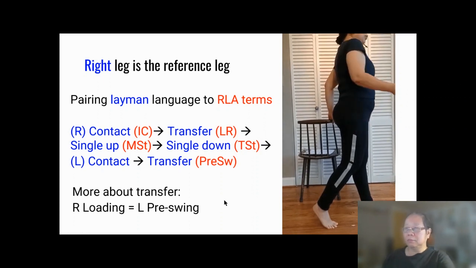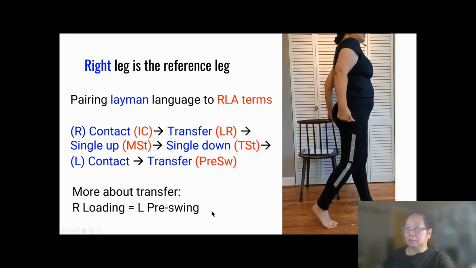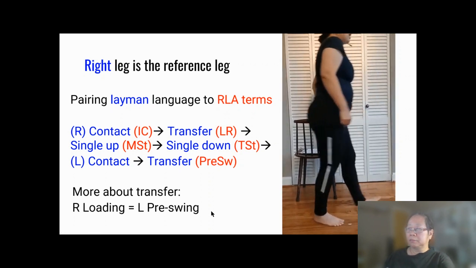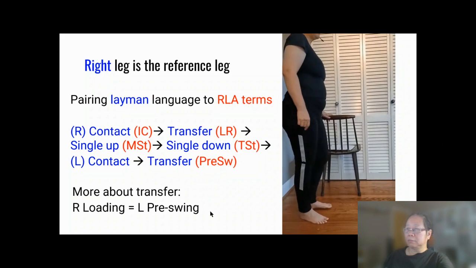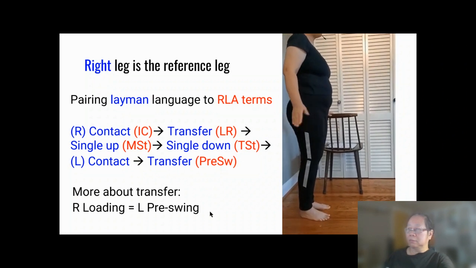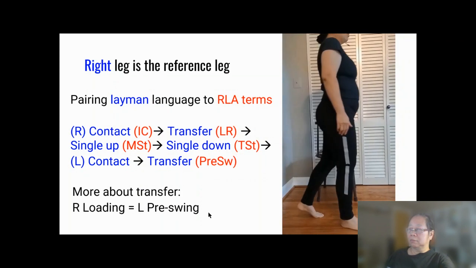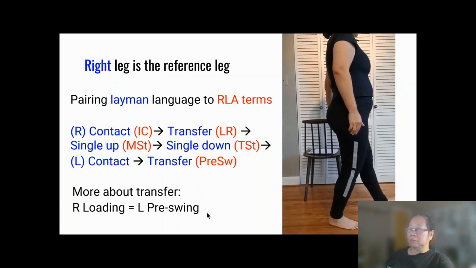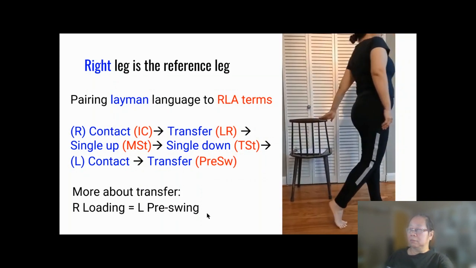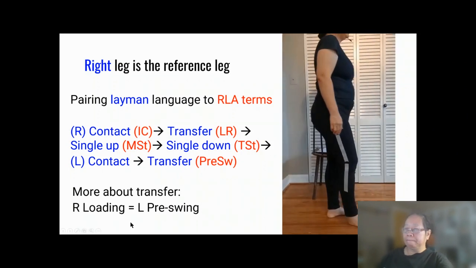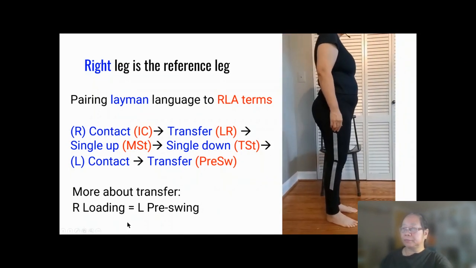So pre-swing is the last phase of the right, your reference leg. Then you will swing. So now we're going to do the movement with the name of each gait phase of the right side. Initial contact, loading response, mid stance, terminal stance, pre-swing, and then swing. Okay, that's it. So please practice. Thank you.